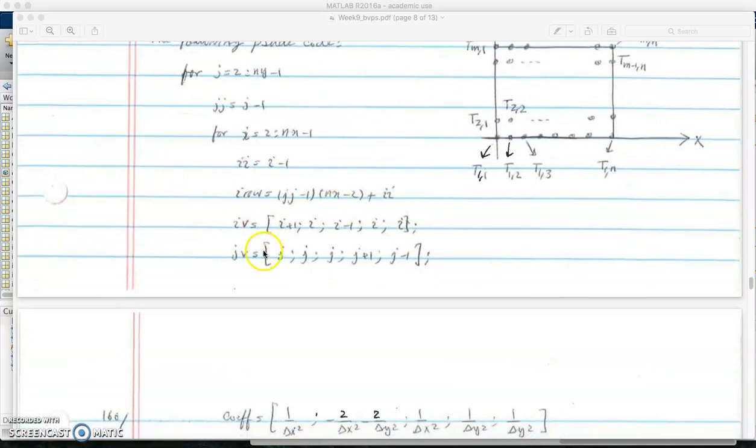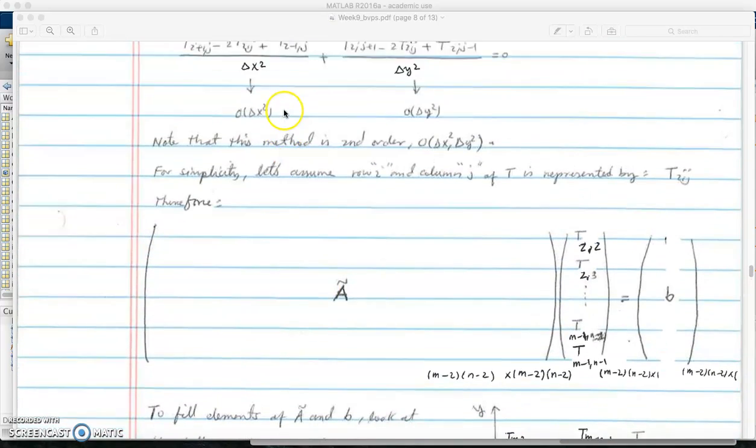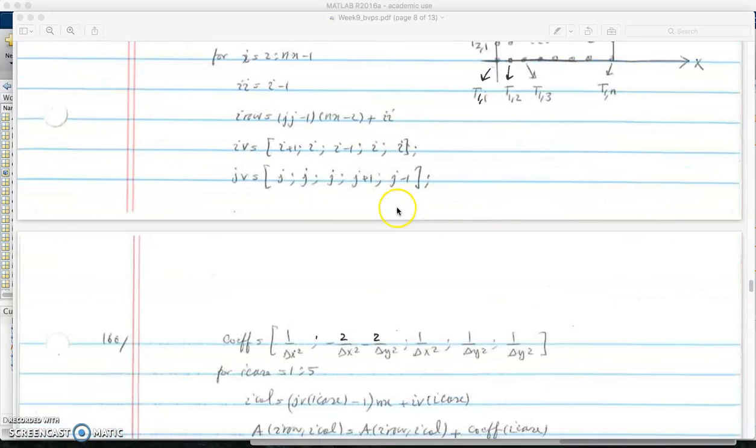So then I put them into these two vectors with the corresponding coefficient. Like the coefficient for I and j, Tij, is going to be this. So let's look at this. The coefficient for ij is going to be minus 2 over del x squared and minus 2 over del y squared. And that's why I have, for every combination of I and j, for those 5 terms in the equation, the corresponding coefficient.